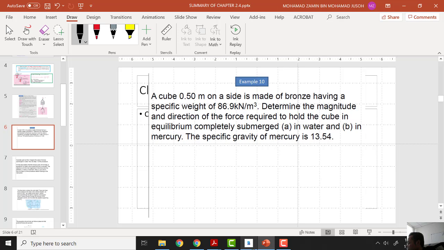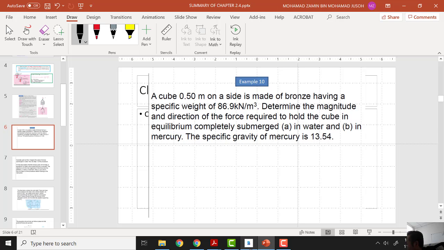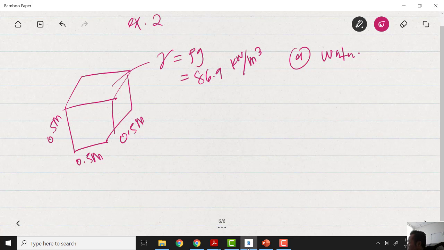Determine the magnitude and direction of the force required to hold the cube in equilibrium completely submerged, meaning all the cube is in either the water or the mercury. Let's solve number 1 first, in water. What is the density of water? Water, as we know, is 1000. If the density of water is not given, you must expect it to be 1000 kilogram per meter cubed.